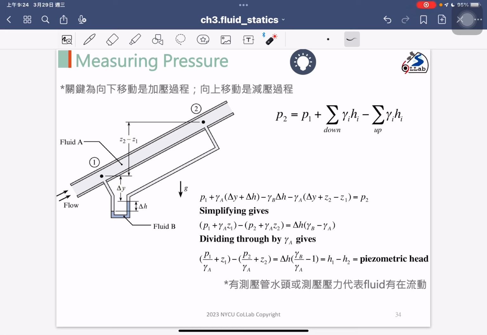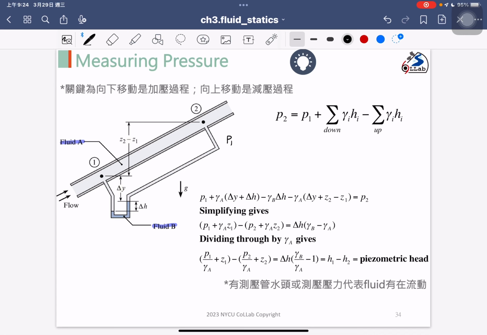So we're wondering to derive the equation again, just based on hydrostatic. So the P1 is our starting point, right? And then from the P1 we are going down to here. Right now the liquid is gamma A in here, and the manometer fluid is gamma B in here.